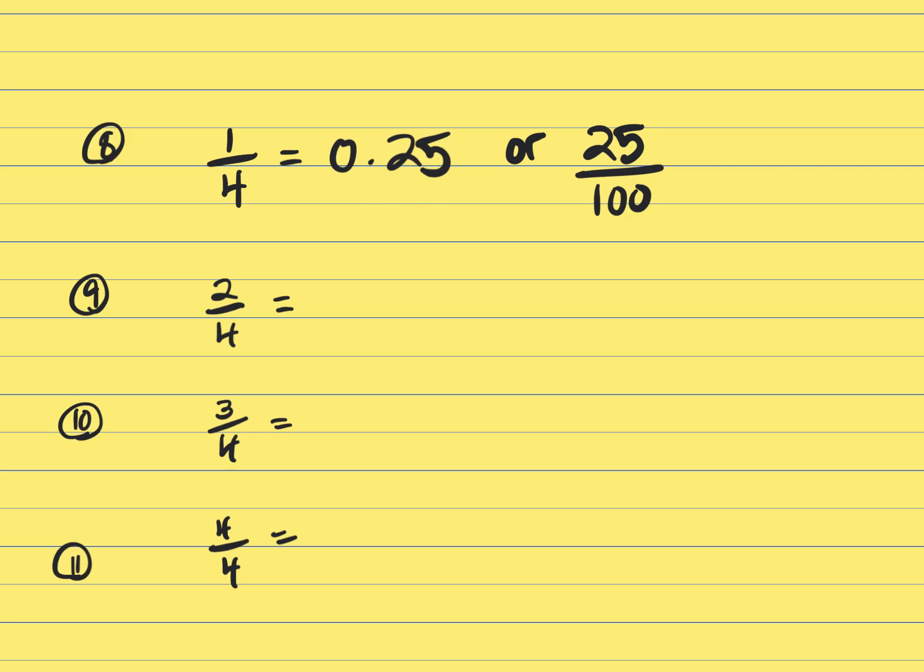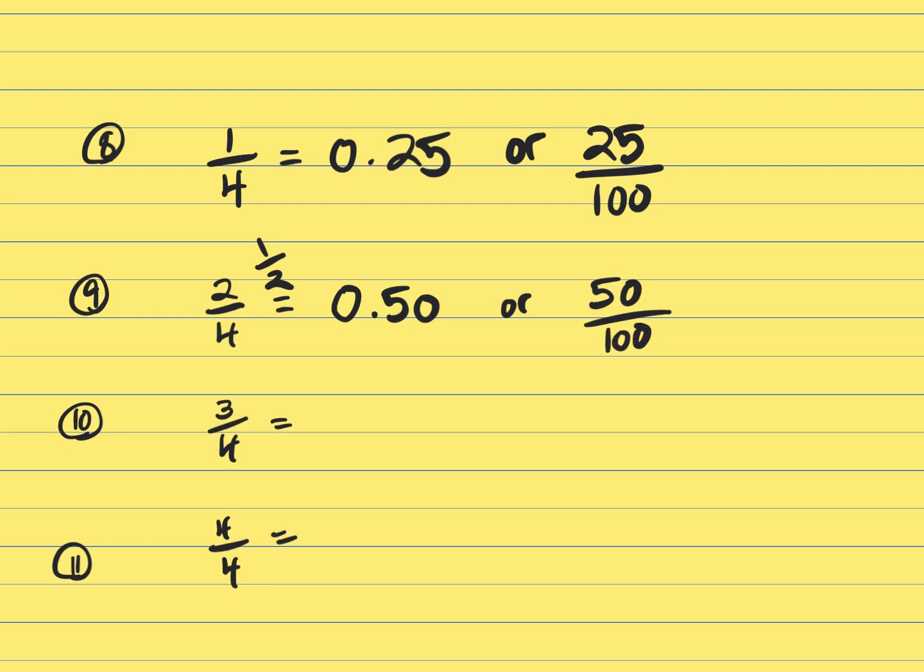Or if I have 2 out of 4, 2 quarters, well, that's also half. Remember, that's a half fraction. We said all fractions that are half are 0.5. But if I'm thinking of money, I can say 0.50, which is the same thing as 50 out of 100.